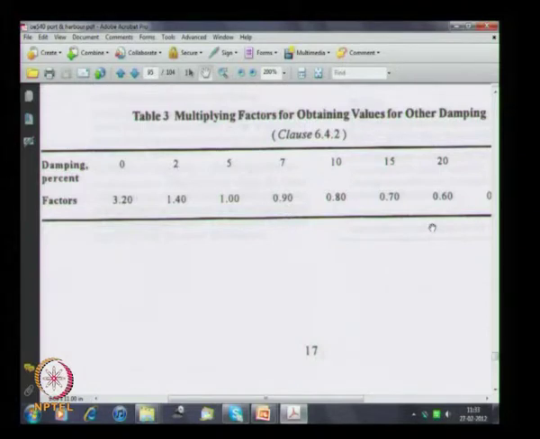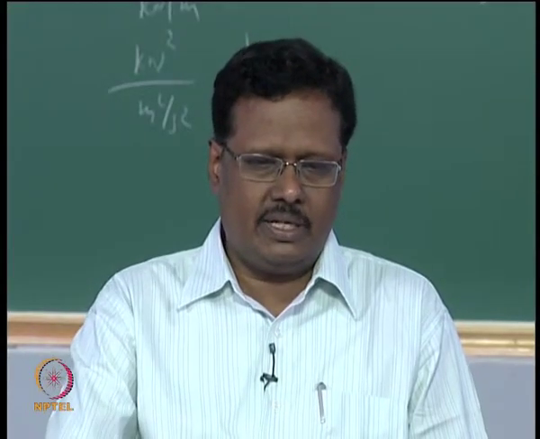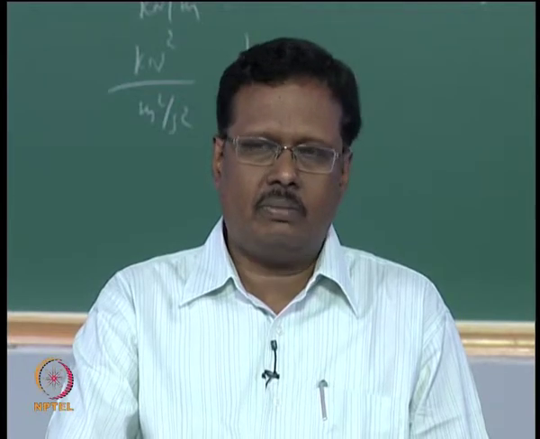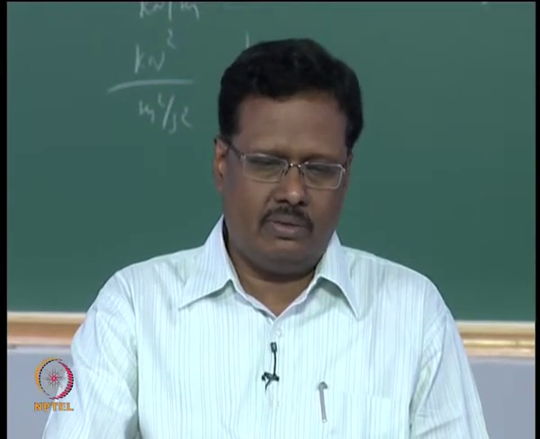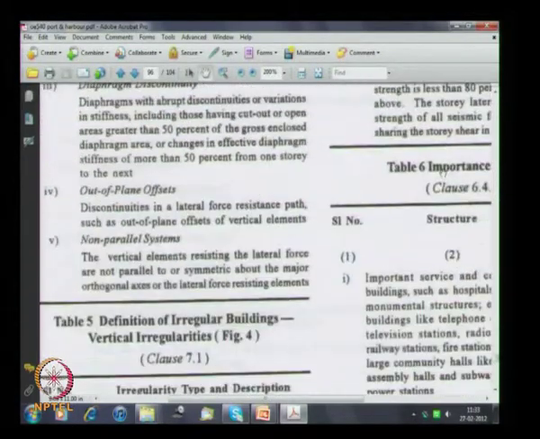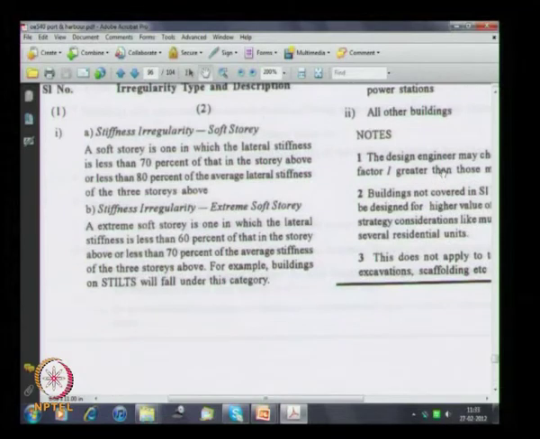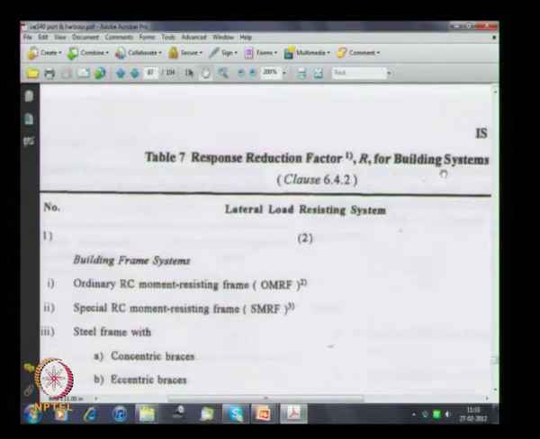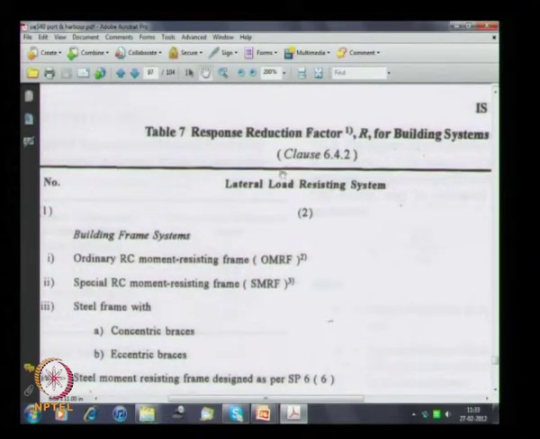You have a structure in air, you have a structure in water, which will have more damping? Water will have more damping. So if the structure is 5% damping, in water it will be about 10%, or sometimes some floating platforms may have even 20% damping. So another thing we have to see is this response reduction factor.